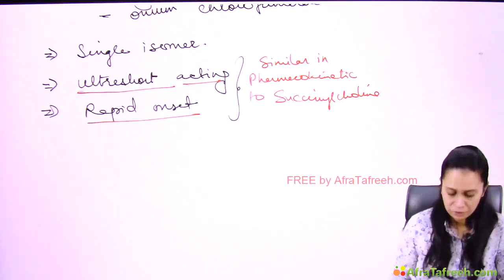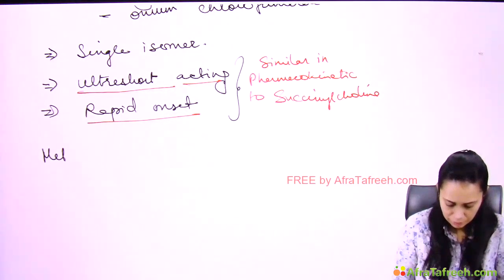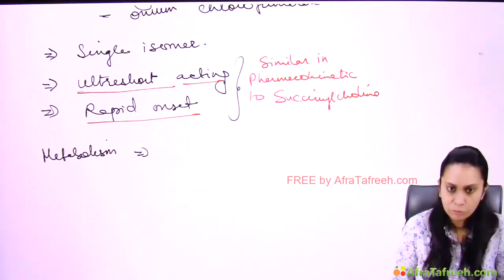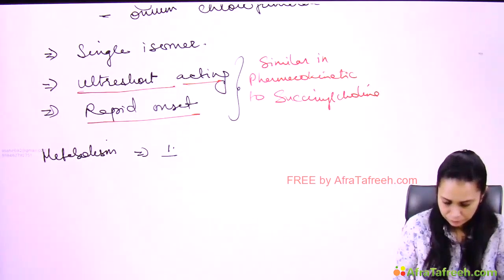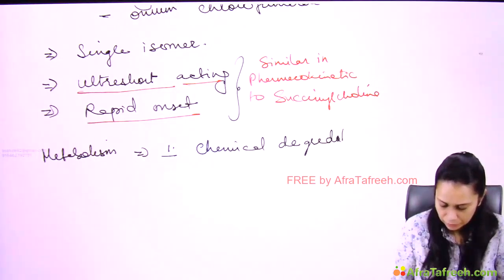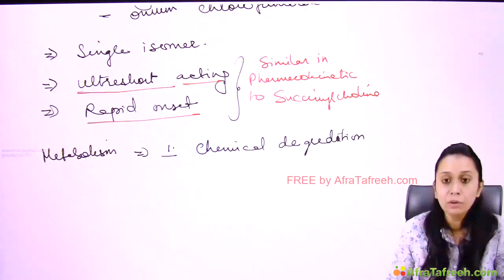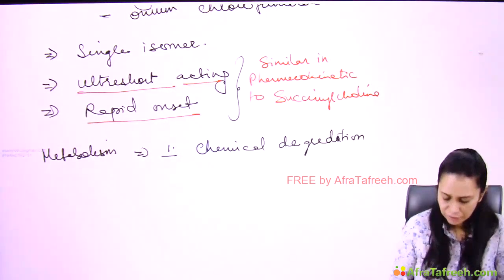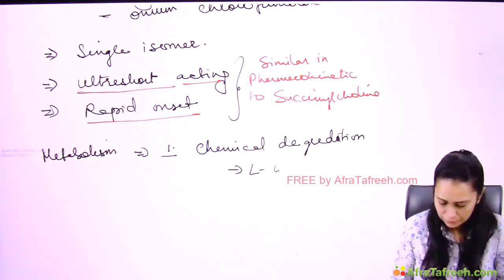Another benefit of this drug is its metabolism. It is metabolized by two pathways. Number one, chemical degradation by L-cysteine. It does not undergo enzymatic degradation, so it does not need the liver and kidney for its metabolism.